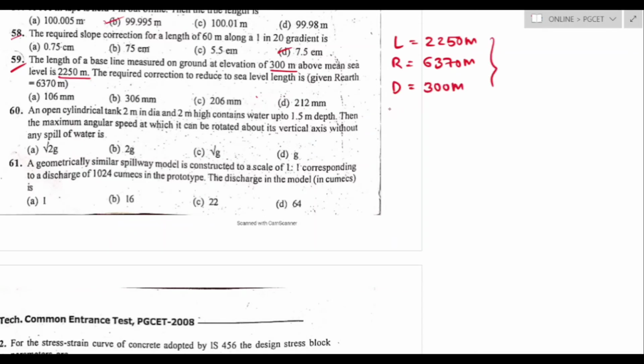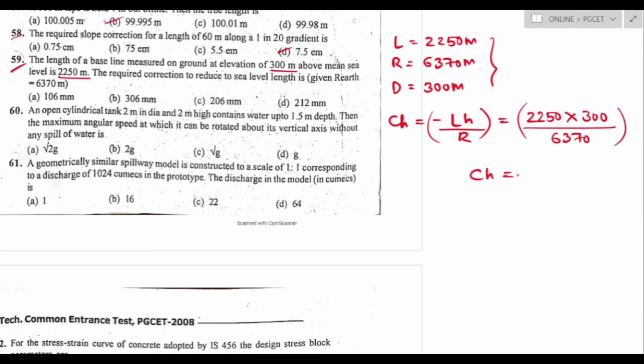The formula to find the mean sea level correction is given by CH equal to LH divided by R, that is equal to L, the length of the baseline 2250, multiplied by H, the elevation above mean sea level, and R is the radius of the earth. Therefore the correction due to mean sea level is 105.96 mm, that is equal to 106 mm. So option A is the right answer.